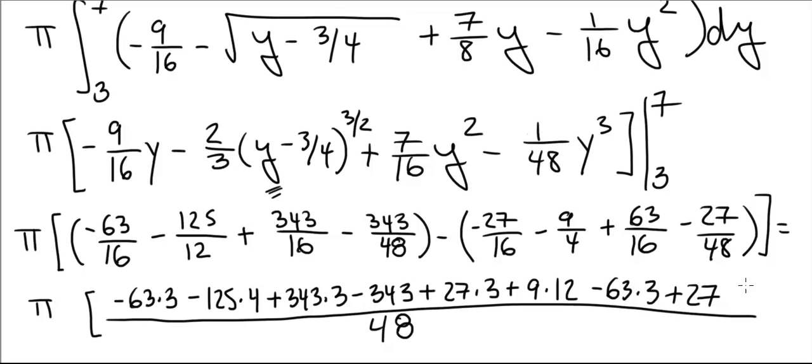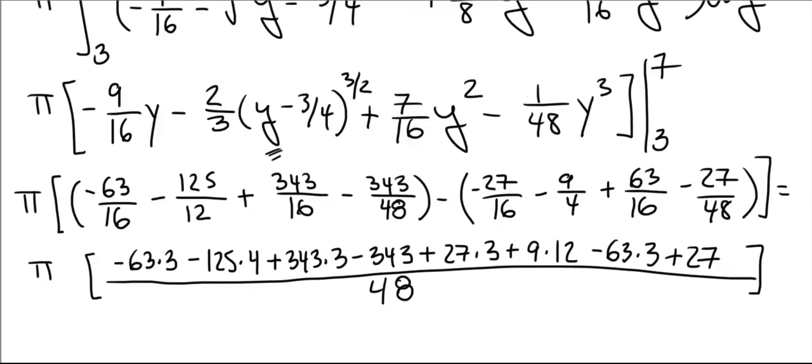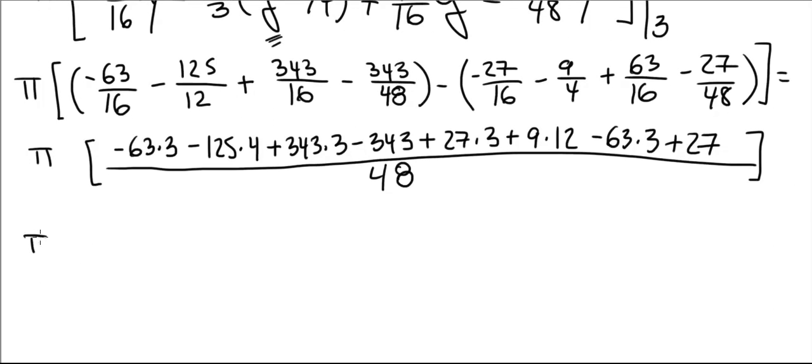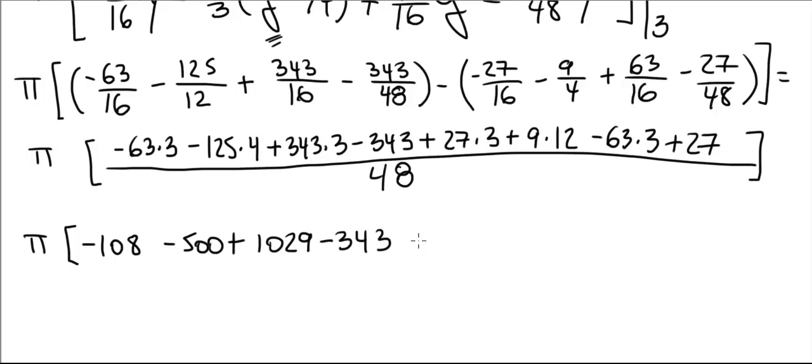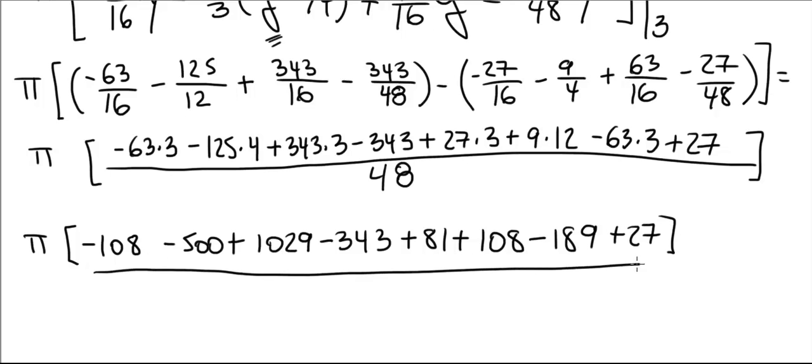And so combining this together, we end up with the following. The final answer: pi times minus 108 minus 500 plus 1029 minus 343 plus 81 plus 108 minus 189 plus 27, and this is all divided by 48.